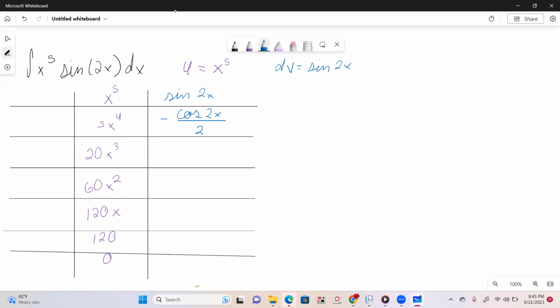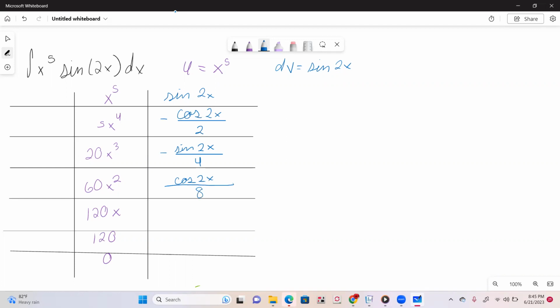The integral of negative cosine 2x divided by 2 is negative sine 2x, and then this divided by 2 is going to be over 4. Now the integral of this is going to be positive cosine 2x. Again, this divided by 2 is going to be 8.